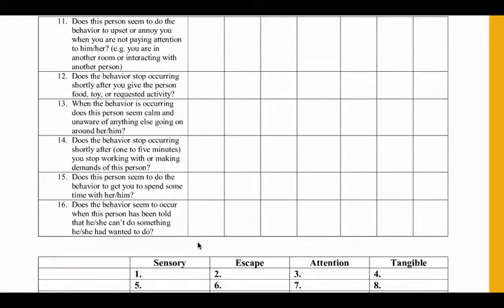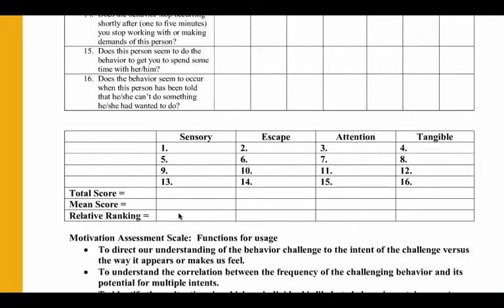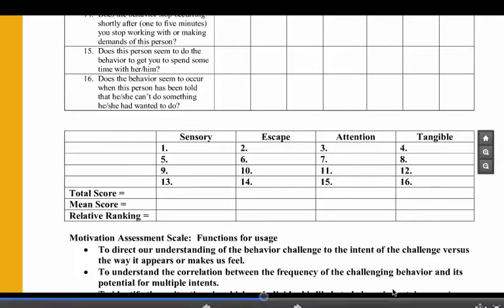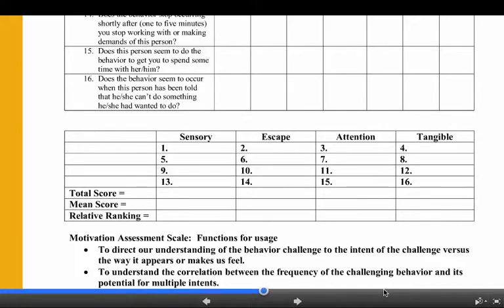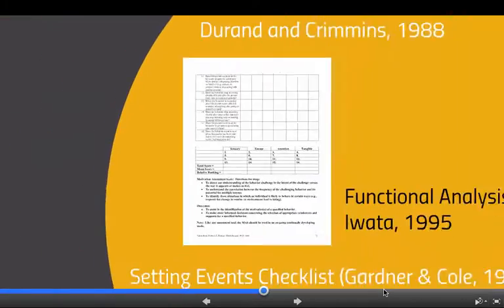At the end of the scale, you're able to calculate whether their behaviors, in terms of their apparent motivation, fell into the category of automatic reinforcement (sensory motivated), escape motivated, attention motivated, or tangible motivated. And as a result of totaling and calculating a mean and a relative ranking, we can get a really good sense of why the behavior may be occurring.